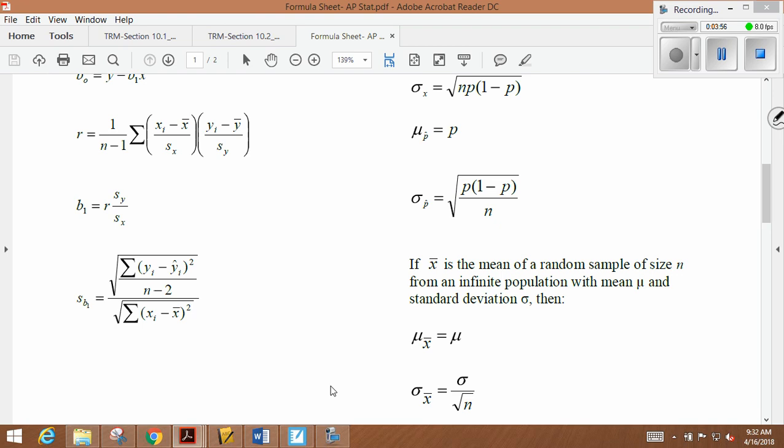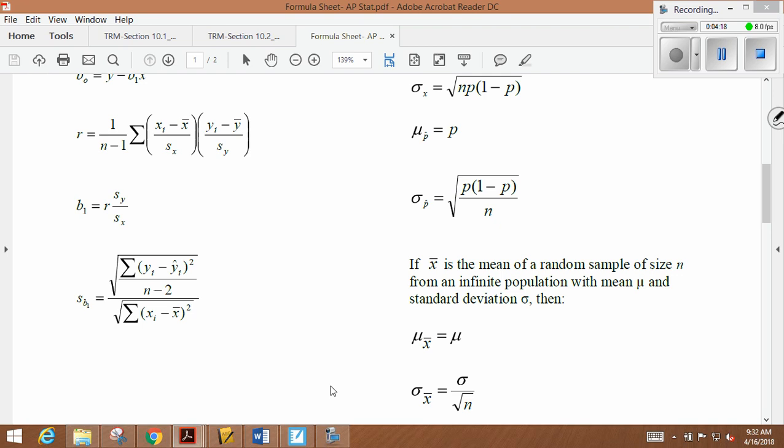So B1 is our slope, right? And the standard deviation of B1 is S sub B1. It's quite strange.